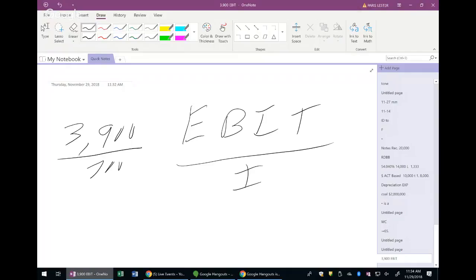All right, and that gives you 5.6. 3,900 is operating income, and that's earnings before interest and taxes. And interest was 700. All right, in your book, times interest earned was 4.91 for this year.